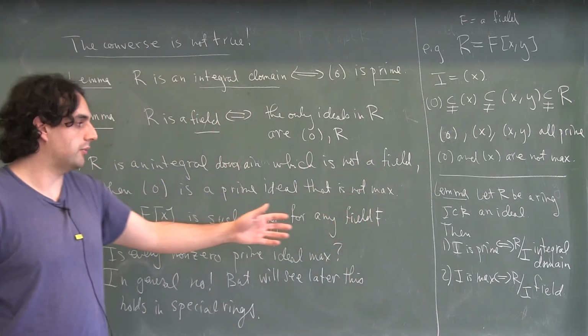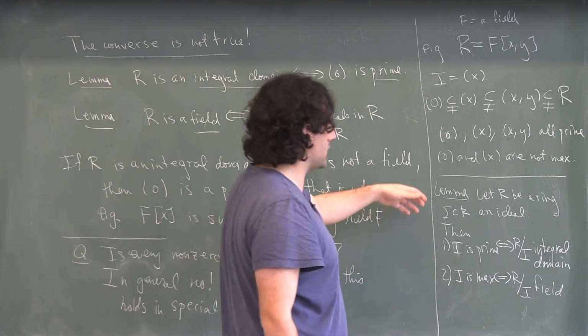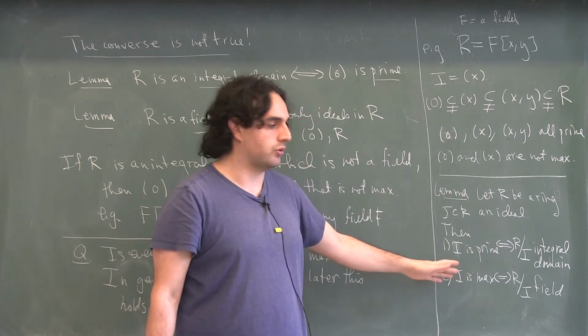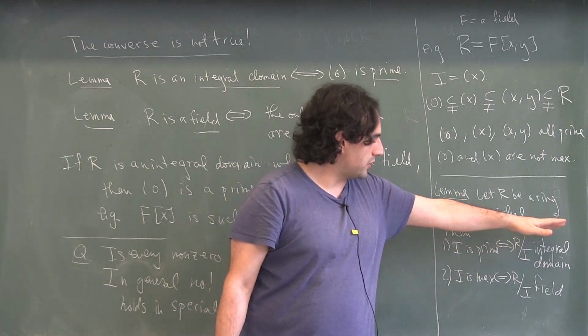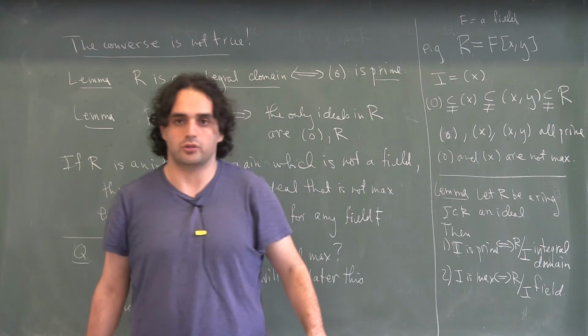So with this lemma, we have a precise characterization of the properties prime and maximal for ideals in terms of the properties integral domain and field for the quotient rings.